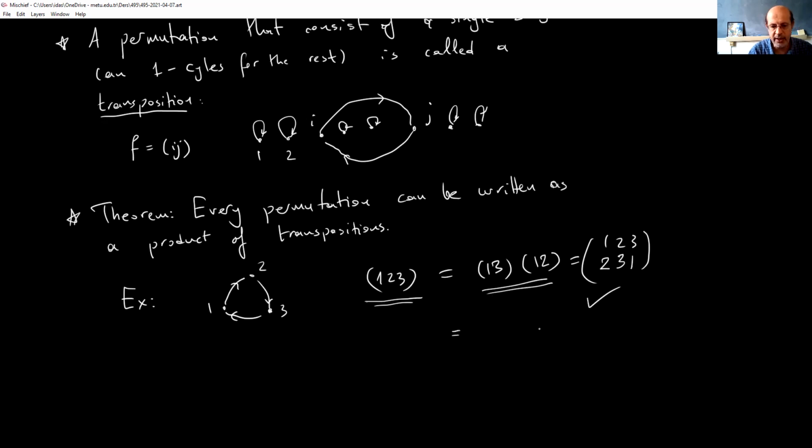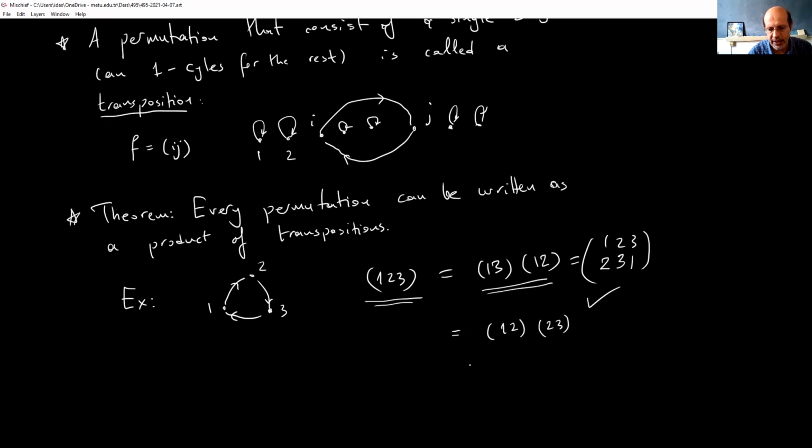I can also write it in other forms, for example 2, 3, 1, 2, that's true, right? Just check this. So the expression is not unique; you can use transpositions in different order.